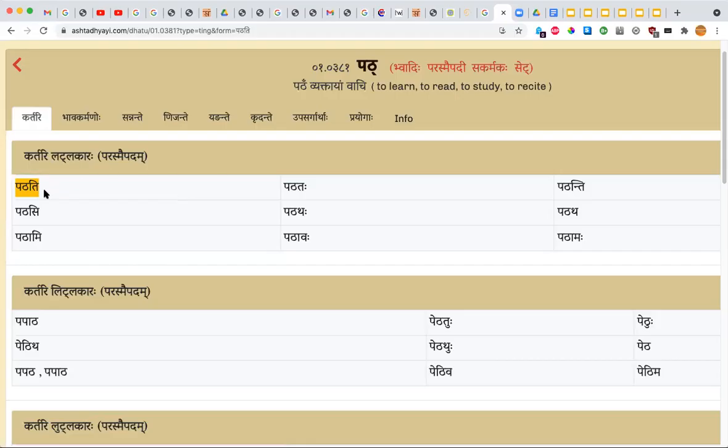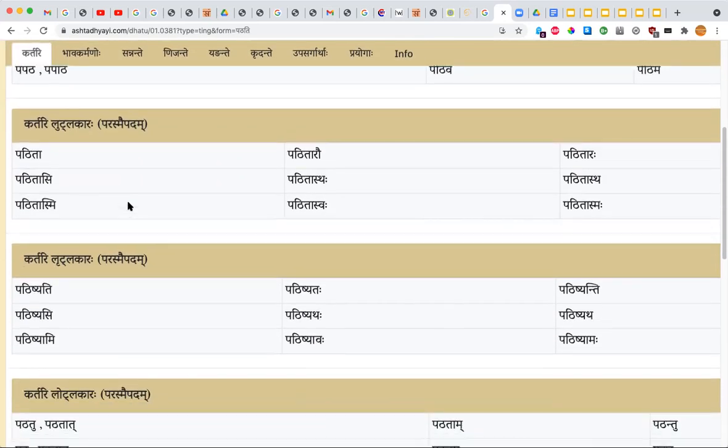Padishyati, Padishyataha, Padishyanti. Padishyasi, Padishyataha, Padishyata. Padishyami, Padishyava, Padishyamaha. Slow down, repeat for all Purusha. Here, look: Pathati, Pathatah, Pathanti. So, for Prathama Purusha, Padishyati.